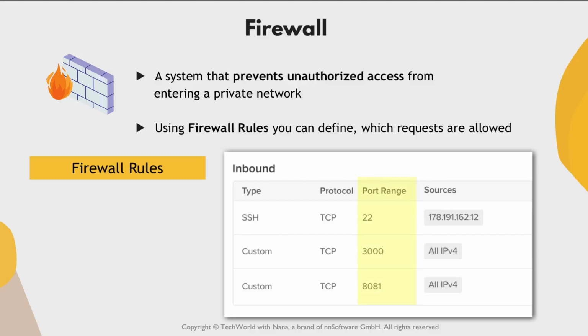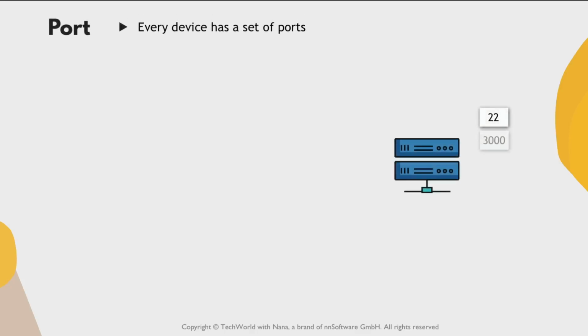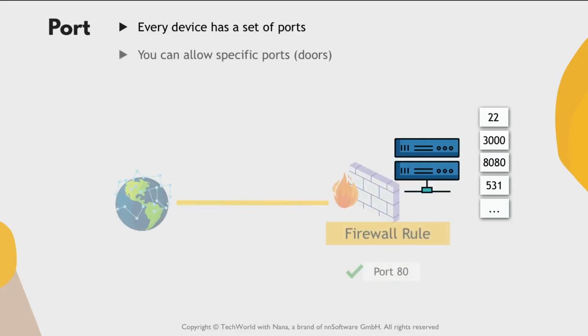Now, there is one more important thing that you always define in a firewall rule, and that is which ports are accessible on the server, or generally on the device that you want to allow access to. So what is a port? Every device has a set of ports, and ports are like doors to the same building. You unlock some doors so the guests or requests can enter, and you keep others locked so no one can enter there.